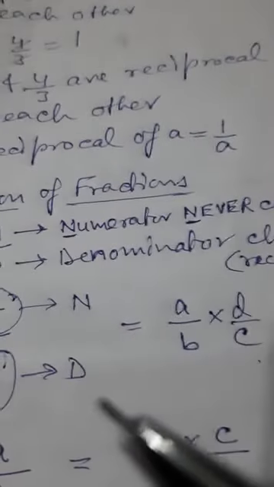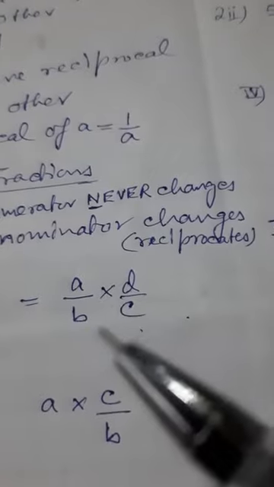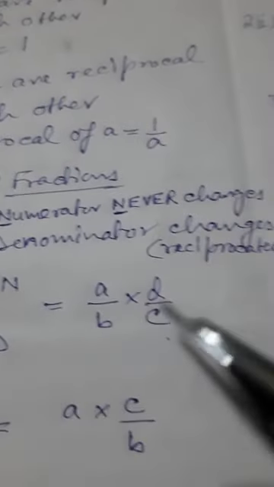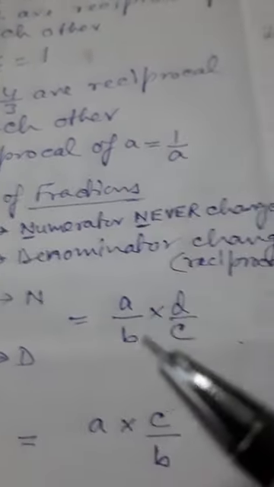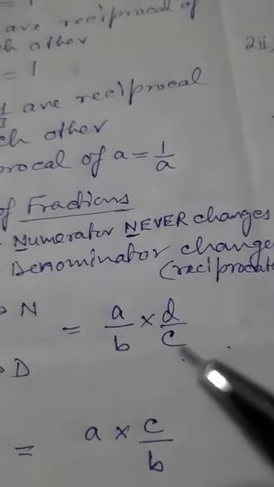So it will become, in place of c upon d, it will become d upon c. So when the operator changes from division to multiplication, the fraction in the denominator also gets reciprocated.